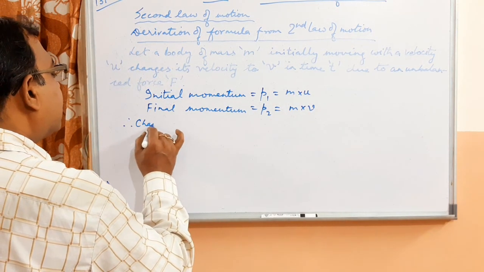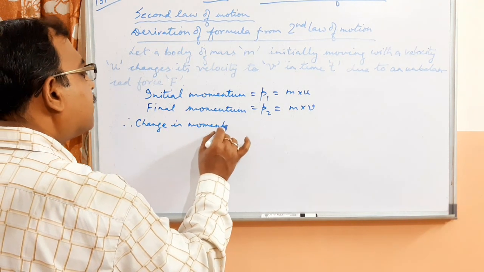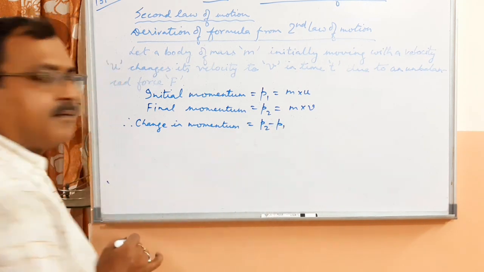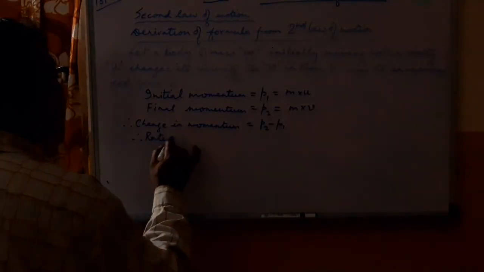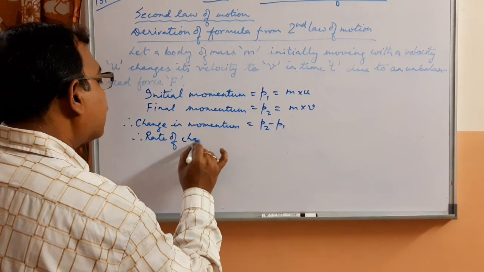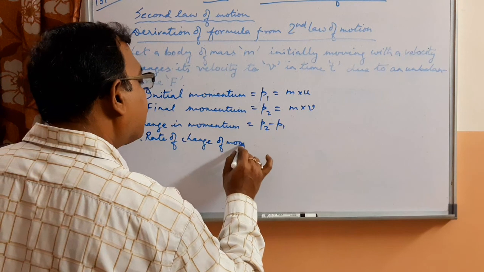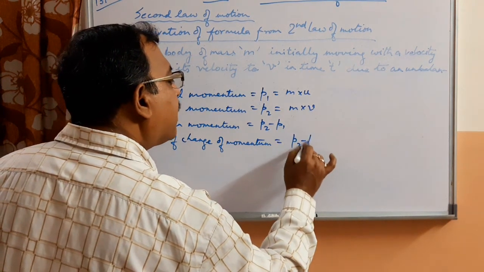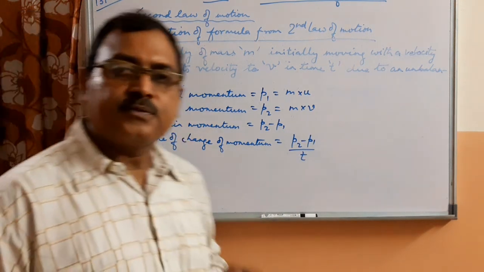Therefore, change in momentum is equal to P2 minus P1. Therefore, rate of change of momentum is equal to (P2 minus P1) by t, right?